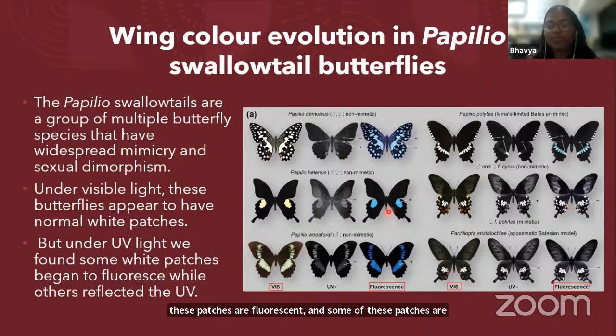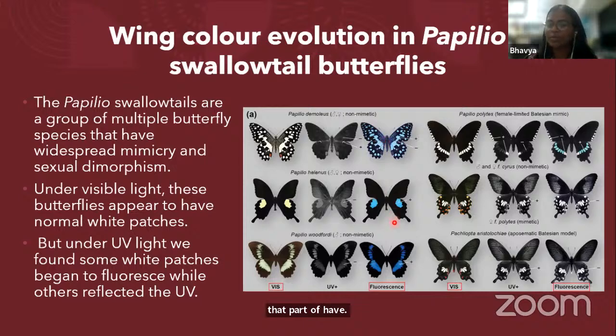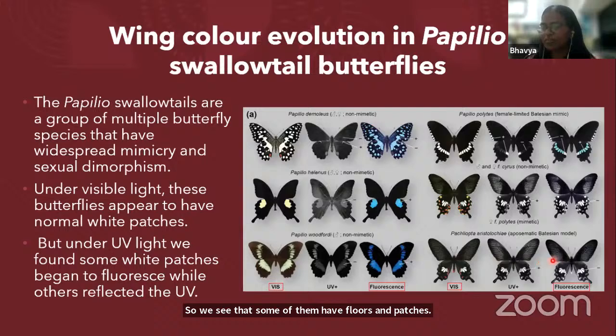Some of them have fluorescent patches, some have UV reflective patches, and this is true even for the models. So what exactly is happening here? Why do we have different kinds of patches which appear white under visible light, but under UV illumination have two different kinds of properties?